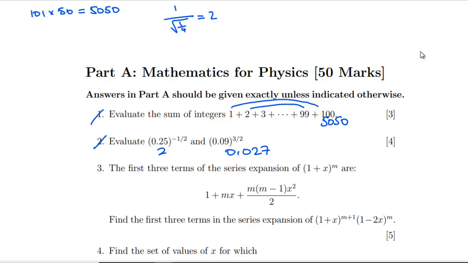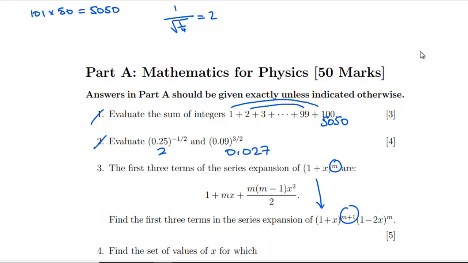Question 3. The first three terms of the series expansion of this are that. Find the first three terms in the series expansion. Oh, right, okay, this is going to be a bit of a mess, probably. So, they've given us, we have to change these things. So the first change is we've gone from m to m plus 1.